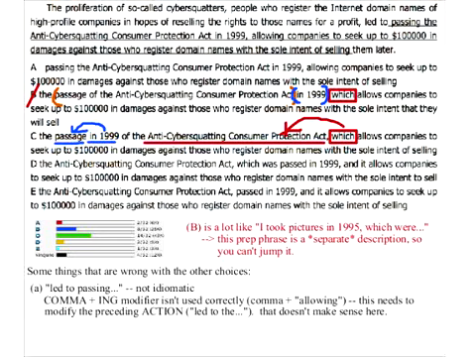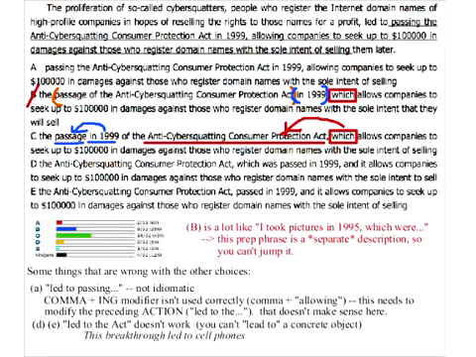Choice D and E: "led to the act" doesn't work. You can't lead to a concrete object. For example, if you say "this breakthrough led to cell phones," this is incorrect. This is not idiomatic.